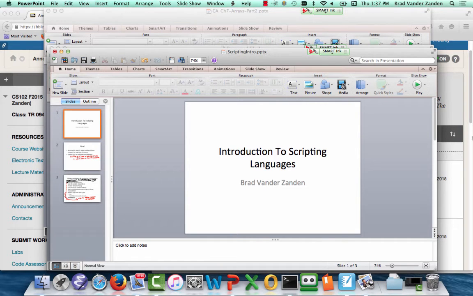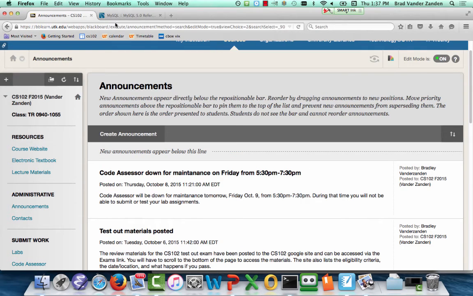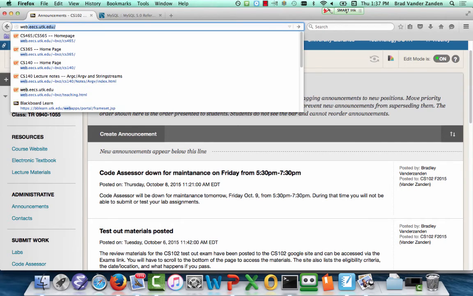So, as I said at the beginning of this class, we're going to consider 3 scripting languages: Perl, PHP, JavaScript. Perl because it is widely used, kind of used as a general purpose scripting language, and very good for extracting information from files and organizing it into reports.